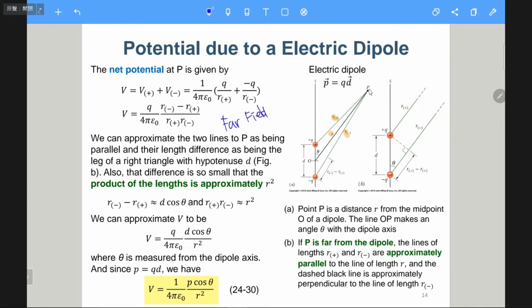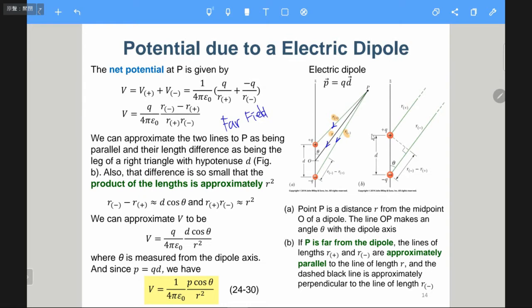If it is far away enough, we can assume that these lines are parallel. This would be strange if P is very close, but if P is sufficiently far away, then we can assume that R plus is parallel to R minus, and R lies between them.